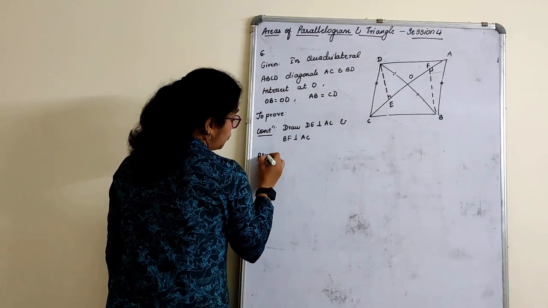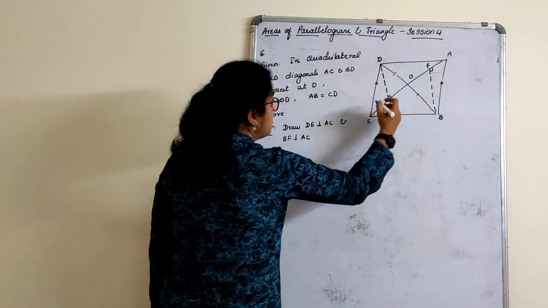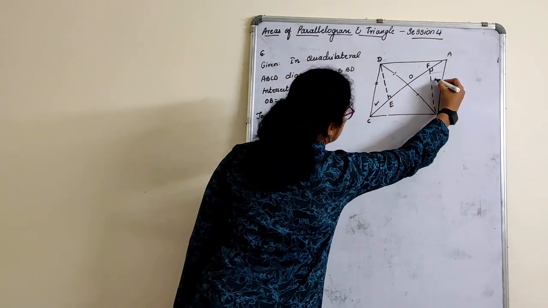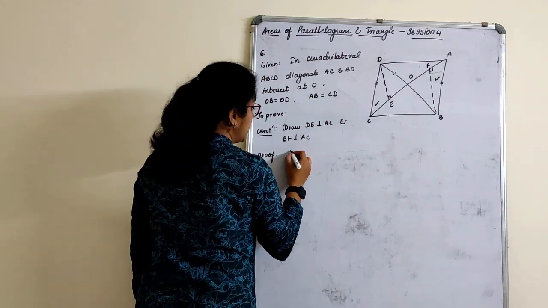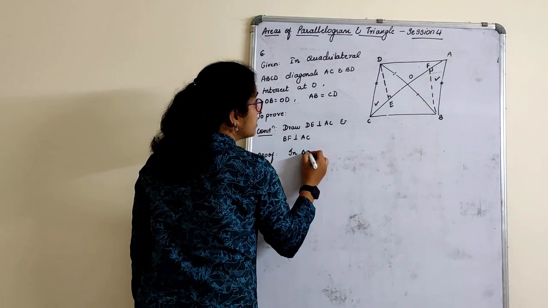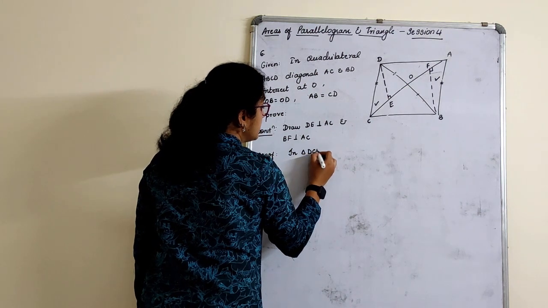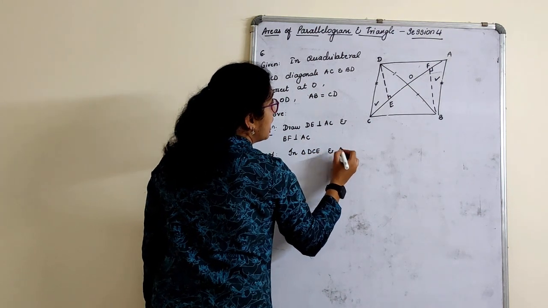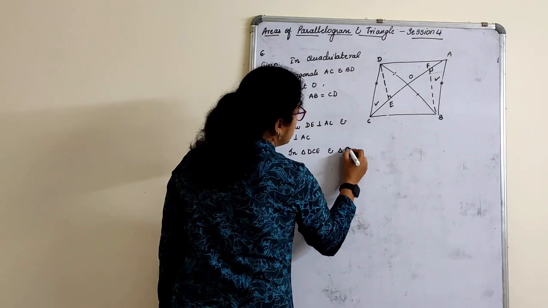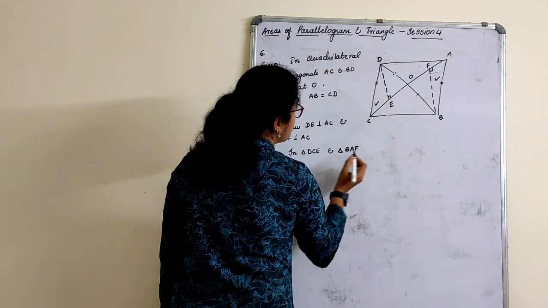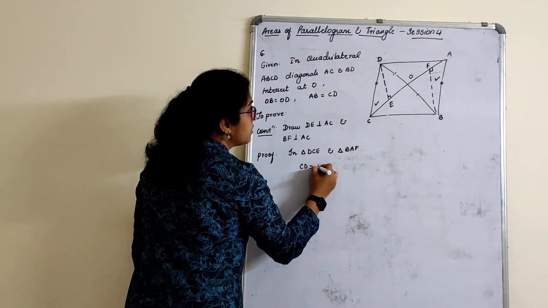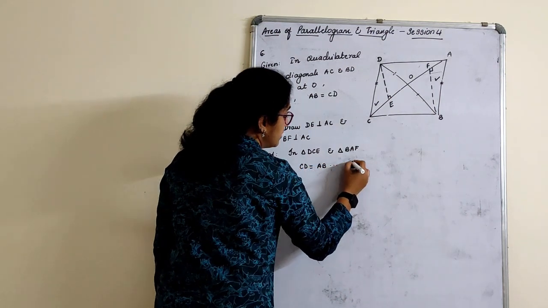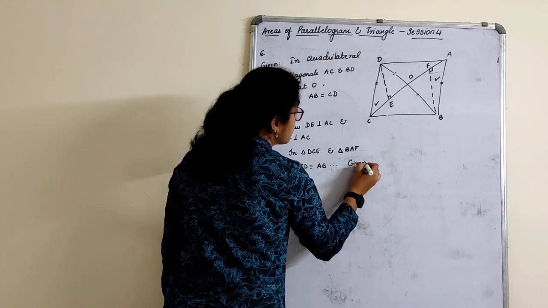Proof. We will choose two triangles and prove that they are congruent. Which two triangles? These two. So in triangle DCE and triangle BAF, first of all, I know that CD is equal to AB, reason: given.